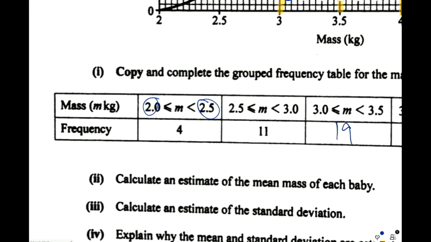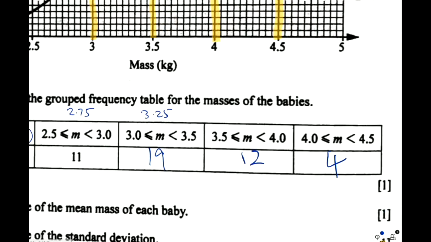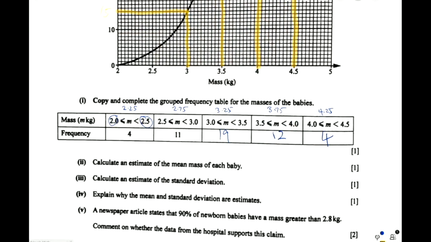What's the halfway between 2 and 2.5? It's 2.25. Then here halfway is 2.75, 3.25, 3.75, 4.25. Okay, so that's the middle.